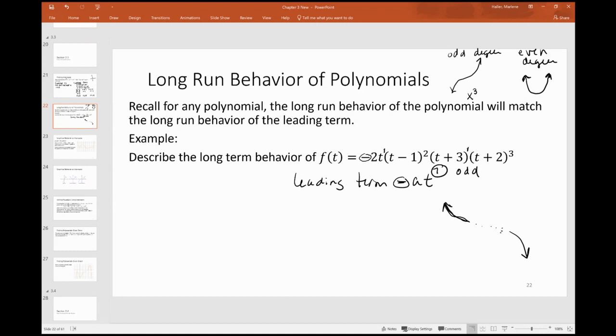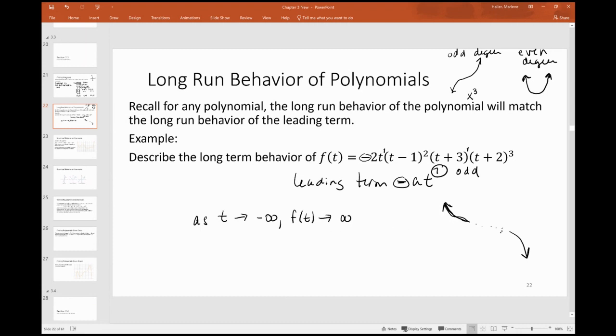All right. So then if I were to write this out, we're doing f's and t's here instead of x's and y's. So I would say as t approaches negative infinity, f of t, look what's happening, it's going up. So f of t approaches positive infinity, right?